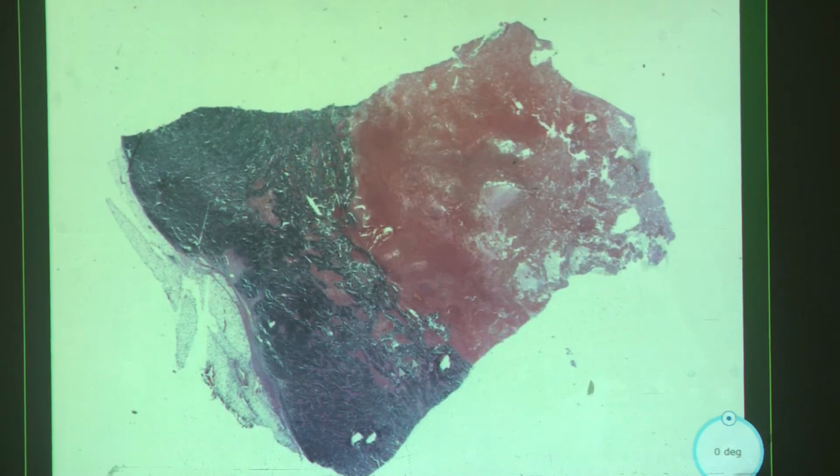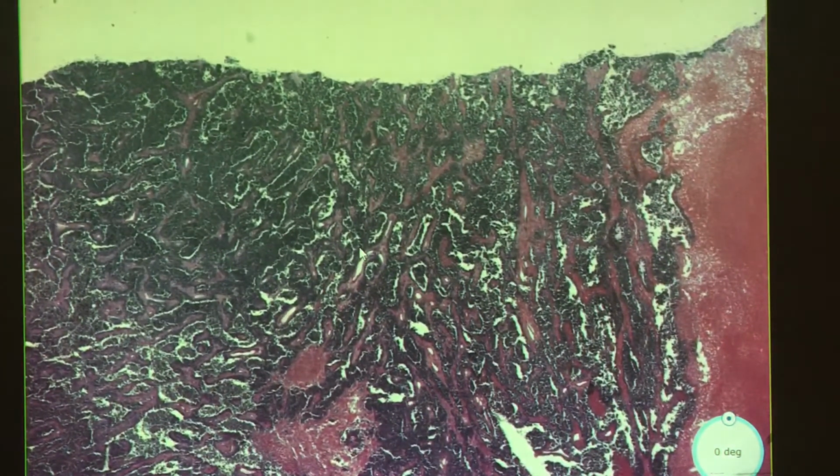But let's zoom in. Obviously, this is our lesion. This is nondescript soft tissue, so we're not going to take time. And as soon as you get to medium power, you notice that the arrangement is very different. Okay, so we have these very pink areas with lots of vessels, and then our sea of small round blue cells.